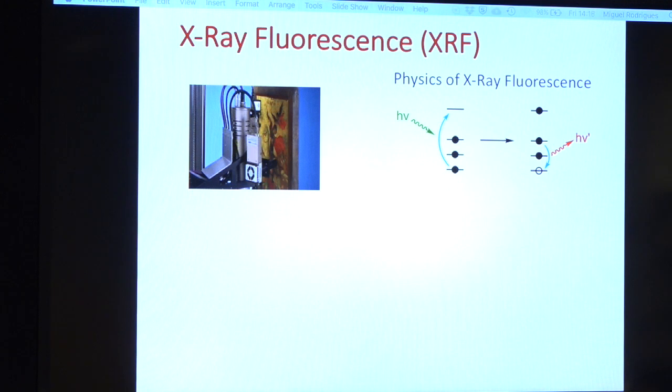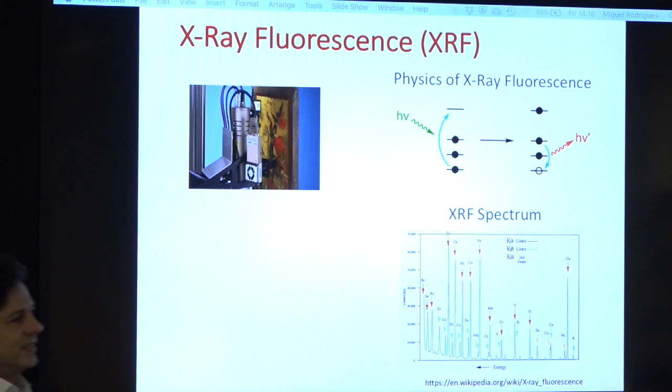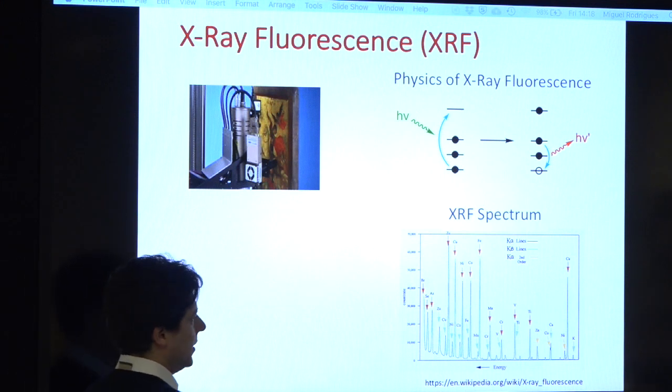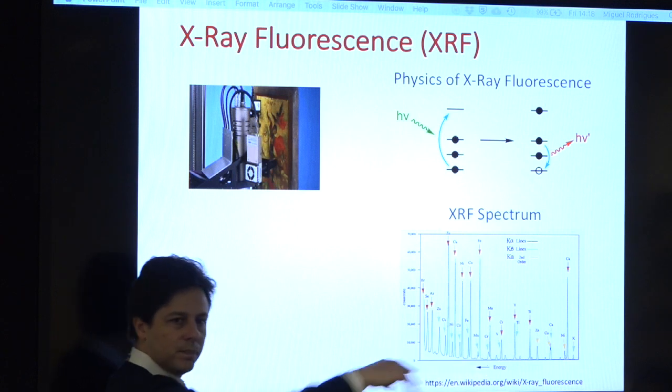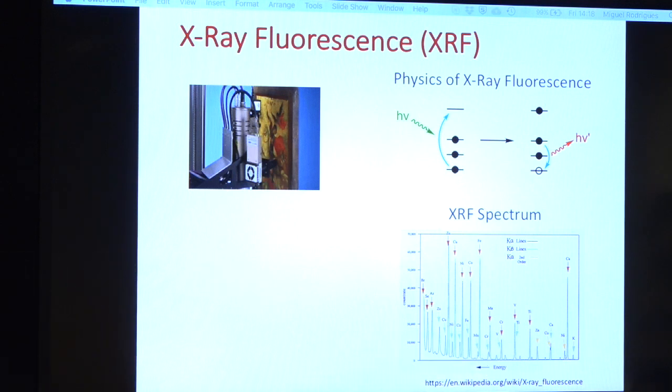Depending on the materials and the different elements present in the painting, what you are going to observe for each pixel is some kind of signature. This signature is going to indicate the different elements present in that pixel, and thereby you will be able to infer the different pigments present in the painting.